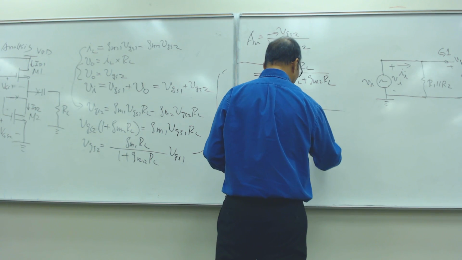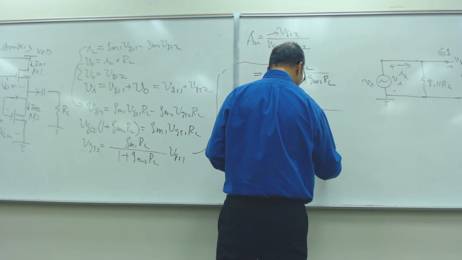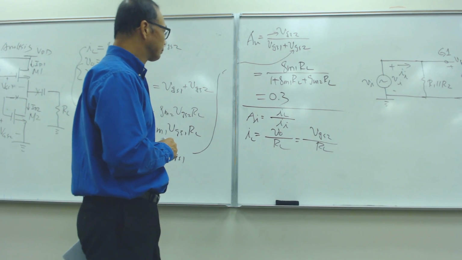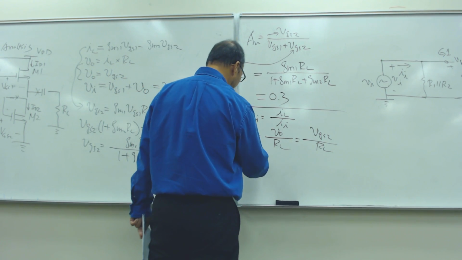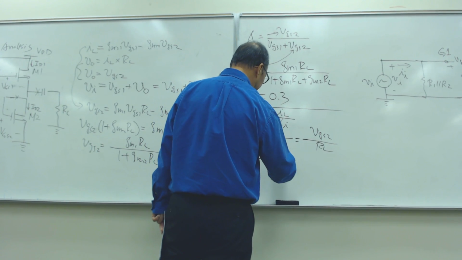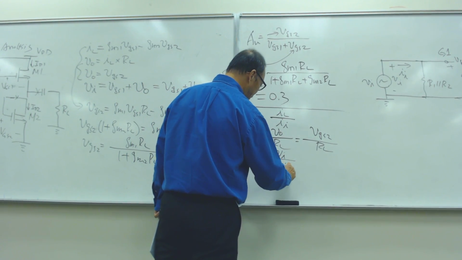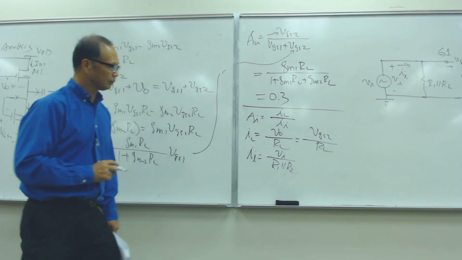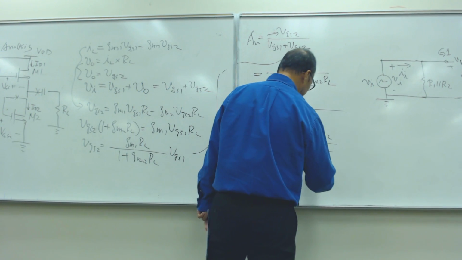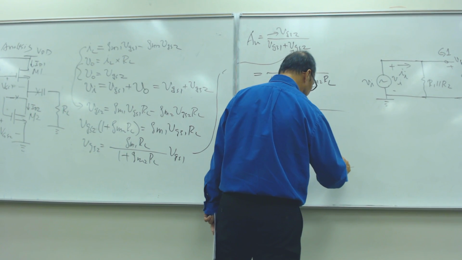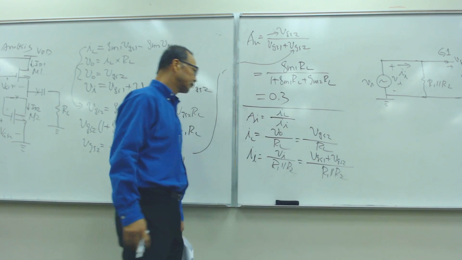Okay, it's equal to VGS2 over R sub L. And then I sub I is V sub I over R1 in parallel with R2, yes? And which is equal to VGS1 plus VGS2 over R1 in parallel with R2. Correct?